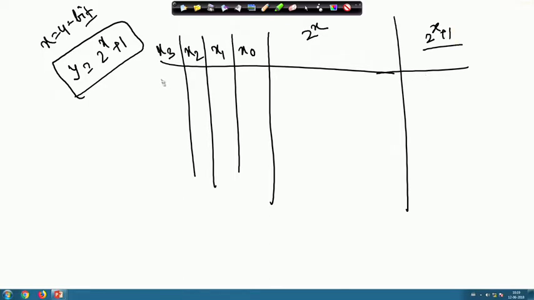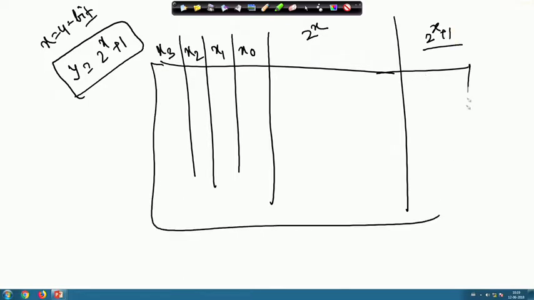After getting the operation table of this particular circuit, we found the logical expression for each of the bit positions. After finding the logical expression for each of these bits, we mapped that logical expression into architecture.